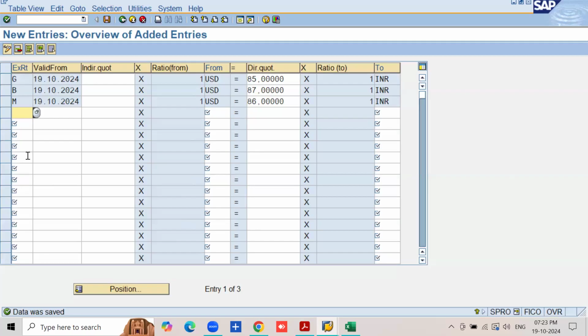So that they can be used by all the company codes of the client.